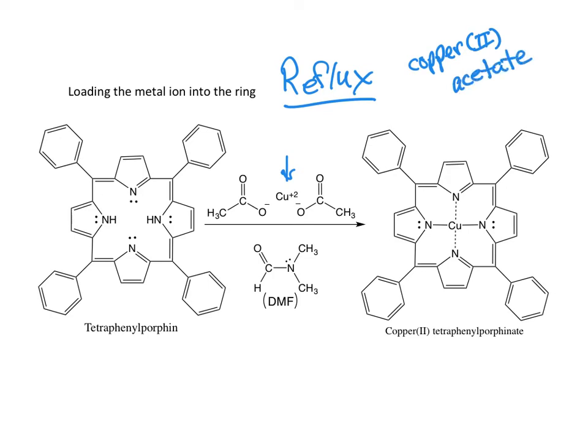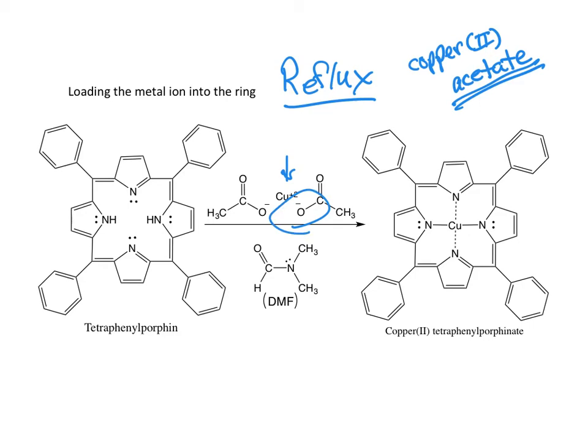We're going to use copper 2 acetate in part because, with acetate, it is a nice soluble form of copper 2. So it will release copper 2 rather quickly in solution. But also, the acetate ions are themselves basic.